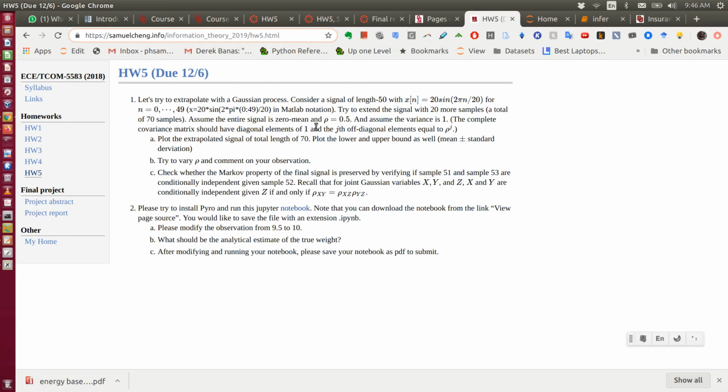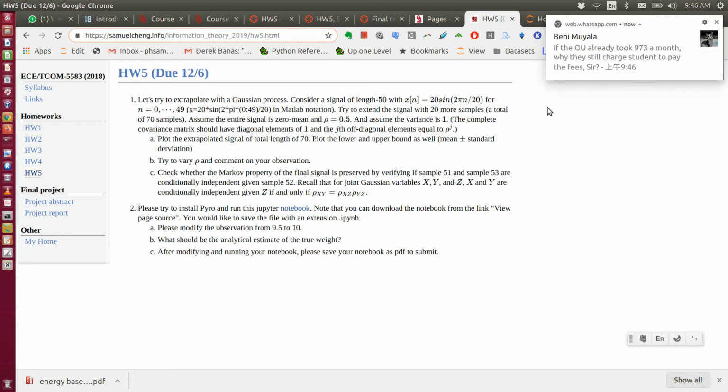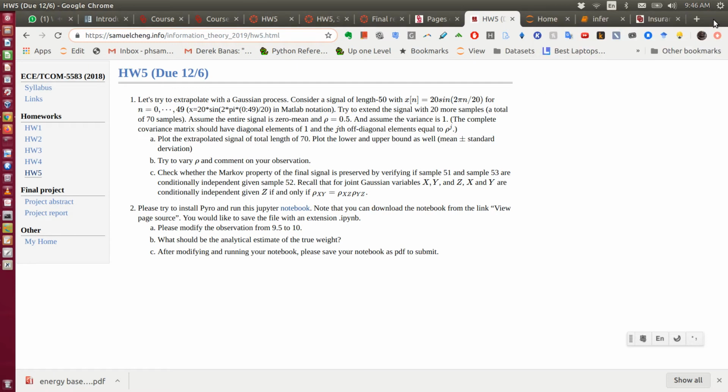And we assume that it's a Gaussian process model, and the rho there is 0.5. The rho is basically the correlation coefficient between adjacent samples, and here we also assume the variance is 1, which is the variance of the signal itself.